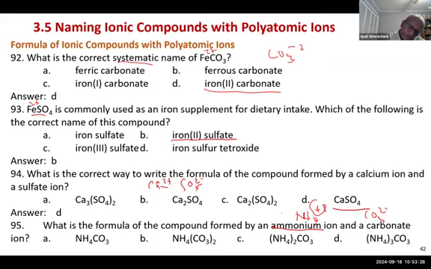Therefore, there should be twice ammonium per 1 carbonate. So that's this one. This one has 3 times. This one has 2 times carbonate. That's not true. That's 1 to 1. Answer is C.